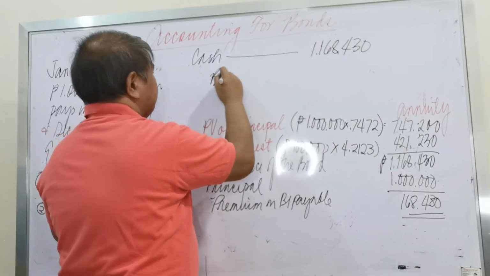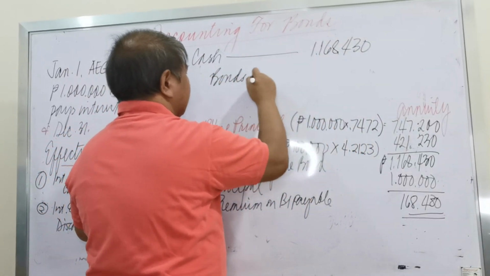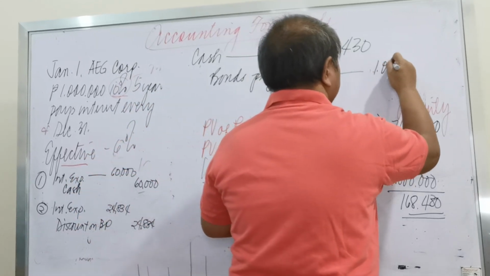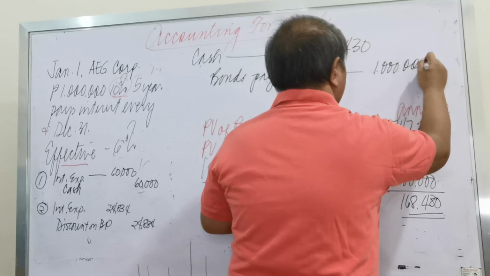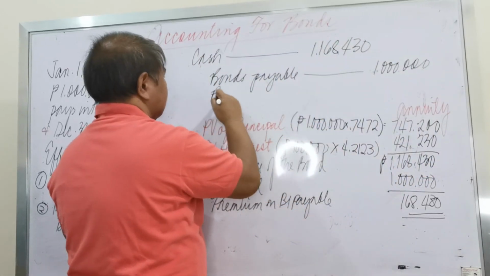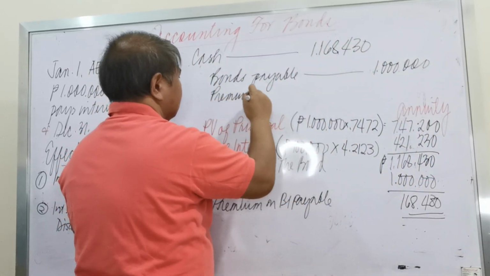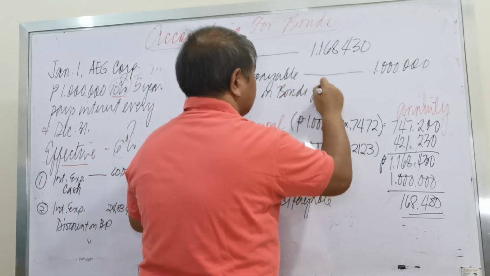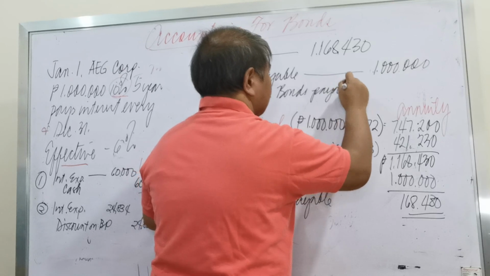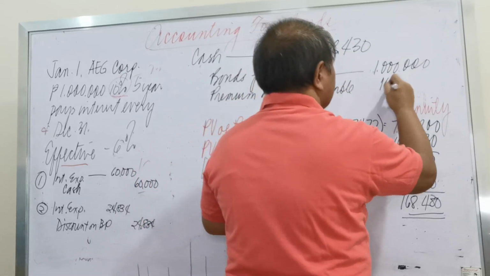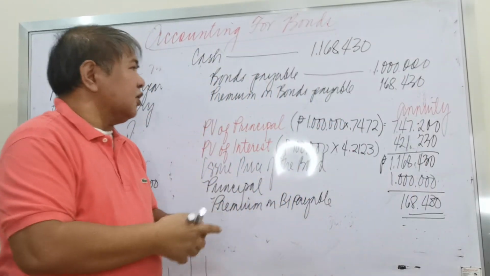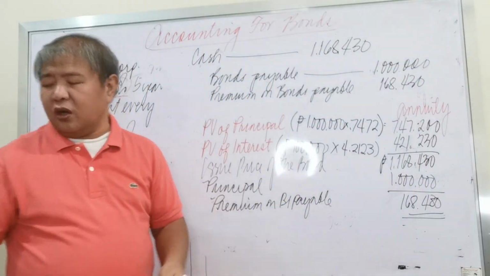And then you have bonds payable for the principal amount of 1 million pesos. And then you have premium on bonds payable for 168,430. So this is the entry upon issuance of the bond.